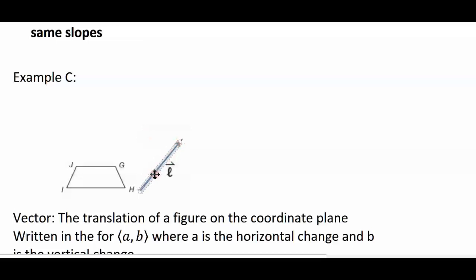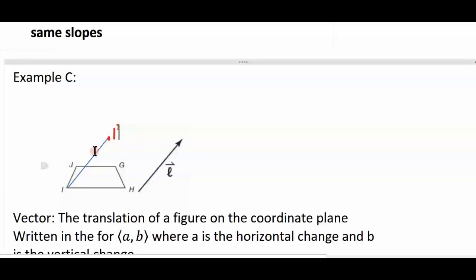Okay, so I've created this line, and I want to use this as a guide to create my new points. This is I prime, and then I'm going to grab this line and line it up here.